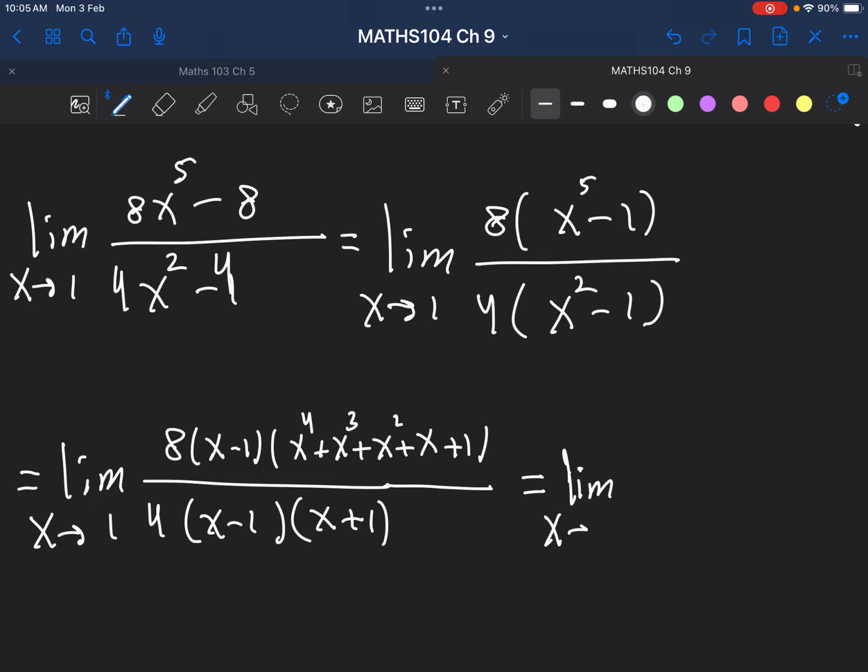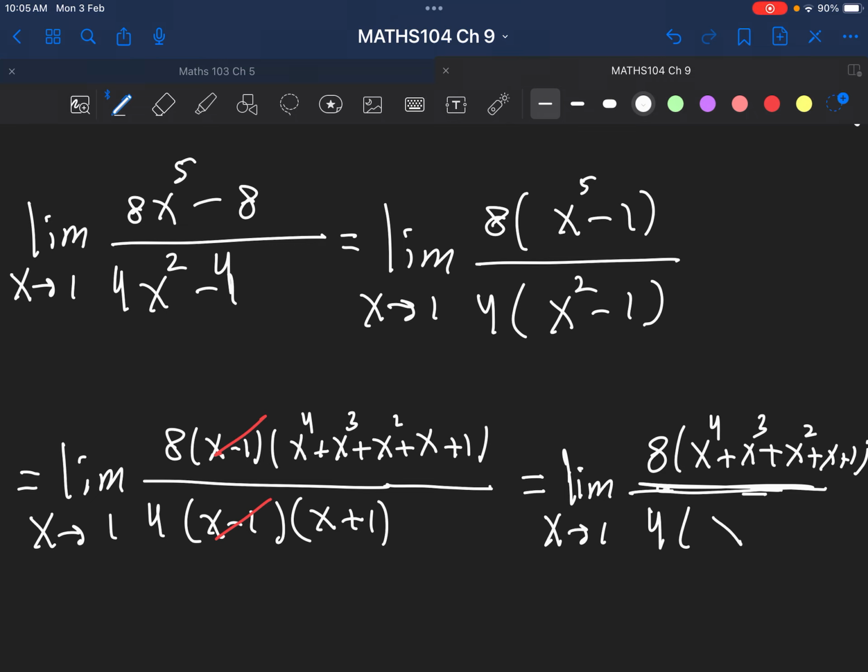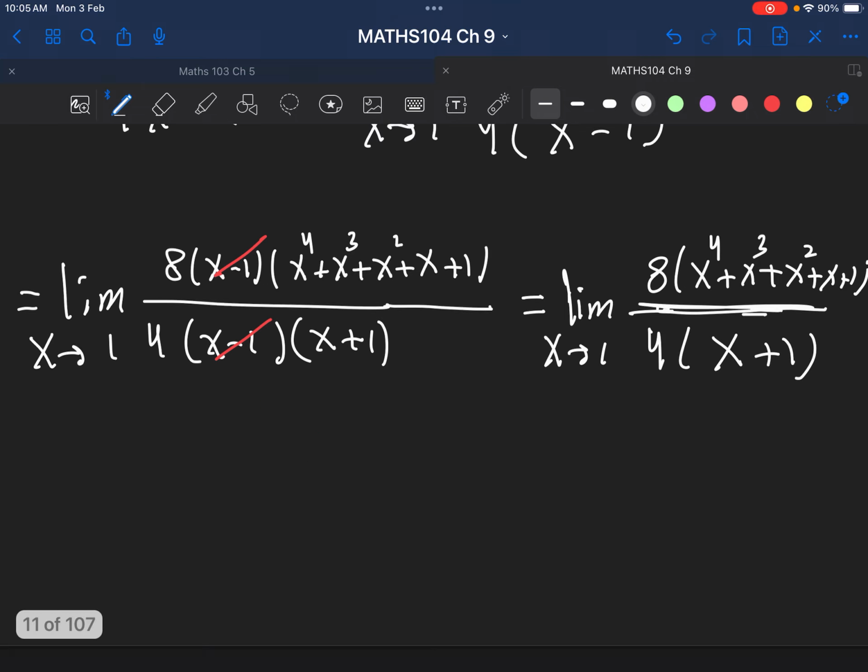Finally, we do this. Of course, there is a cancellation, so we do the cancellation. X minus 1 and x minus 1 get cancelled, so you get x^4 plus x^3 plus x^2 plus x plus 1. Down here you have 4 times x plus 1.